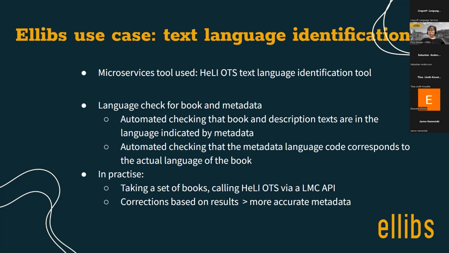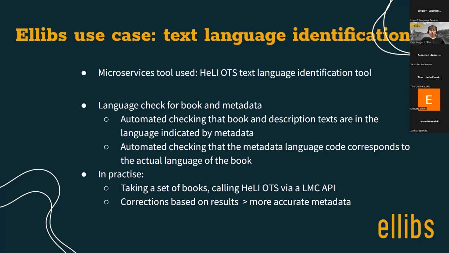In some cases, we might state that a Finnish language book is actually in English or Swedish. So we could do a check and see if there are any mistakes. We could check them with a book title or description and see if the metadata is correct.